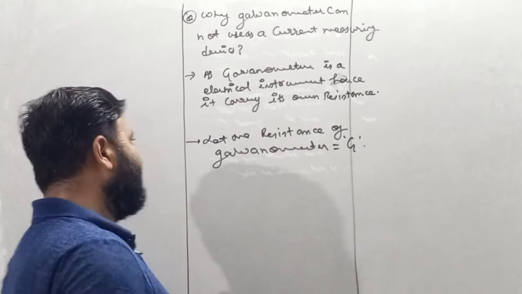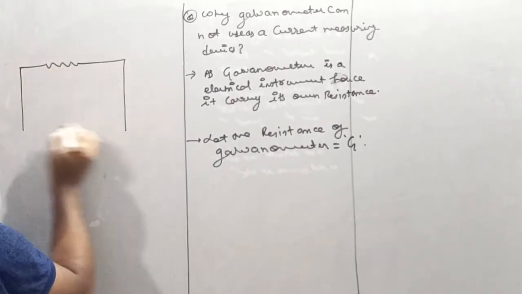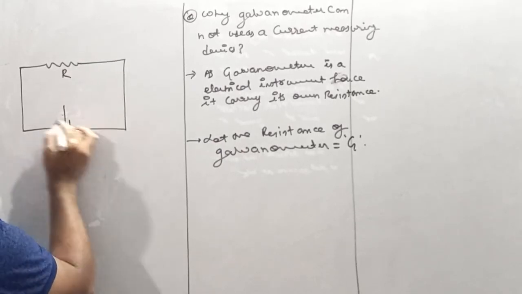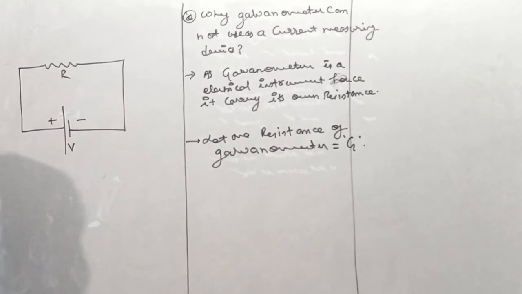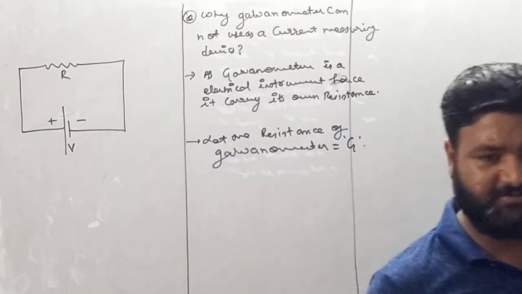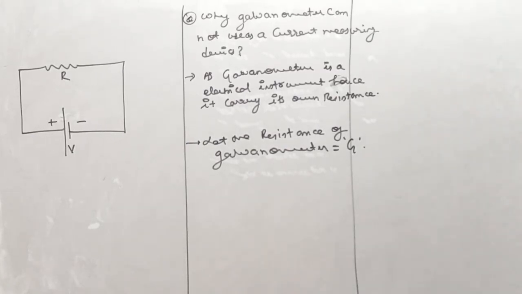Now see, let's suppose we have a circuit in which a resistor of resistance R is there and a battery is there. Let's suppose the potential of the battery is V. I'll make a simple circuit in which one resistor is connected with a battery whose potential is V volt.